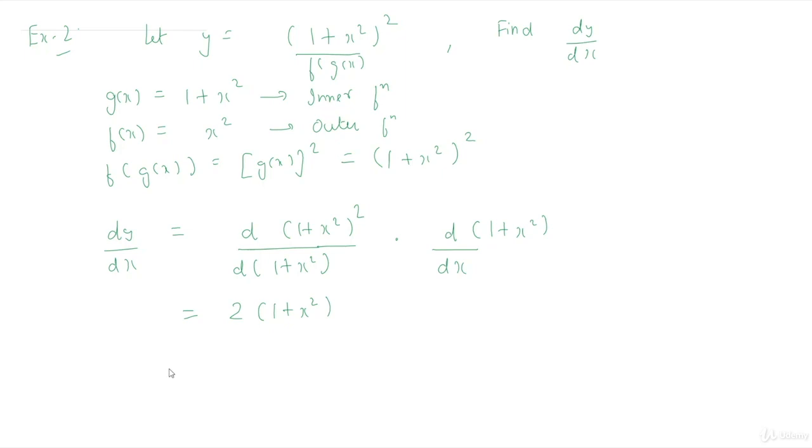And now we find the differentiation of the second part. The differentiation of 1 will be 0, and differentiation of x square with respect to x will be 2x. So this will be 2 times 1 plus x square times 2x, which would be 4x times 1 plus x square. So this is the differentiation of this composite function, as we found out with the help of chain rule.